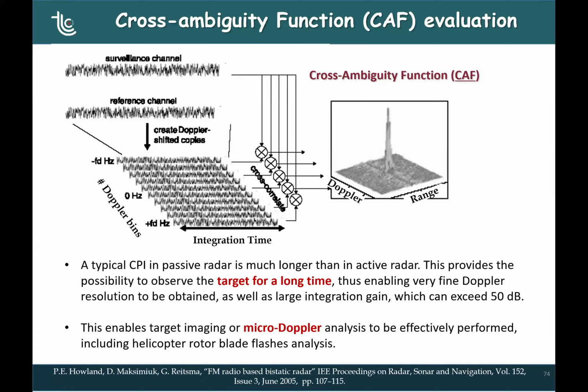So it means that with passive radar, we can look also at, for instance, the movement of the human being, or the movement of the different parts, the different elements of the same object.